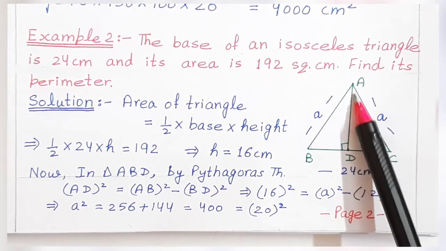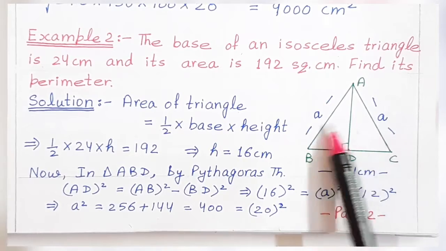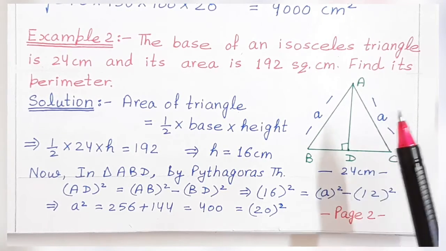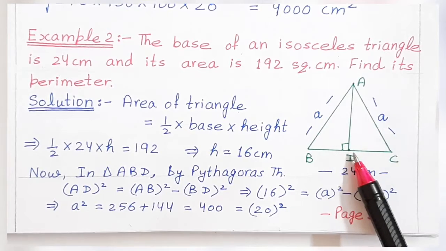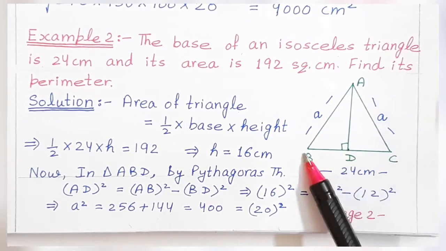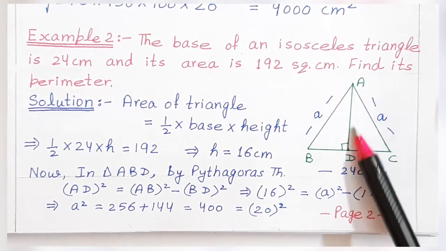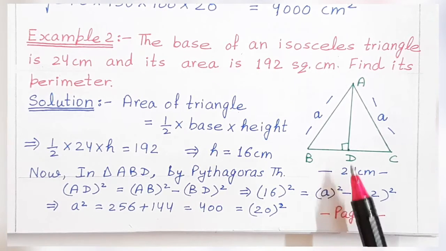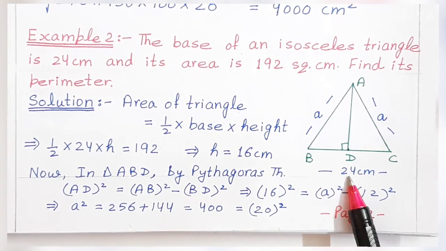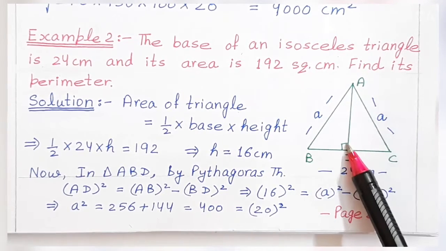Now with the help of this height, let us find the other two sides. So we can see that now triangle ADB is a right angled triangle where AD is 16 centimeter and BD will be just half of 24 centimeter, that is 12. So BD is 12, AD is 16.